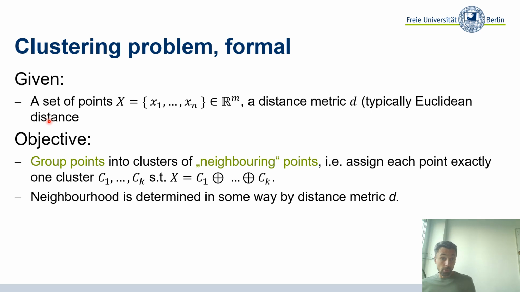Our goal, our objective here is to group points into clusters of neighboring points. So we have to assign each of these points exactly one cluster, C1 through CK, such that the union of all these cluster sets is X, our data set X. And the neighborhood here is really determined by the distance metric d.